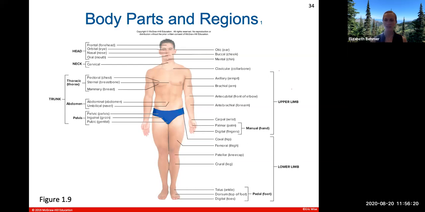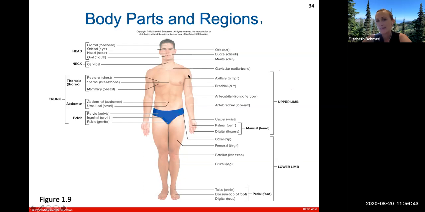And it's really great to just study this chart a little bit because through the rest of your A&P careers, if you go on to take anatomy and physiology separately or together or whatever, you'll learn all the muscles, nerves, and structures. And a lot of the muscles, nerves, structures, and blood vessels are named for what region of the body they're in.